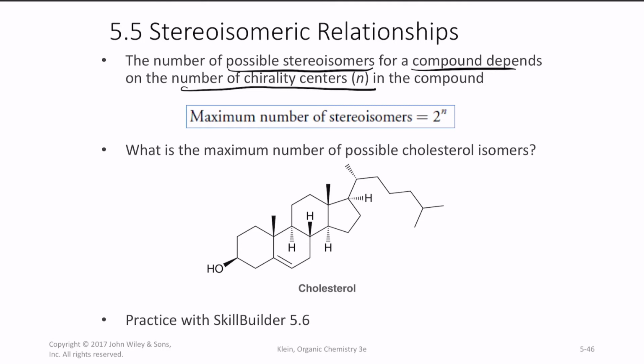For example, let's take this problem and find all the chiral centers in this molecule. You already know the procedure: there should be 4 distinct groups. This is 1, 2, 3, 4, 5, 6, 7, 8, so that's a total of 8 chirality centers.